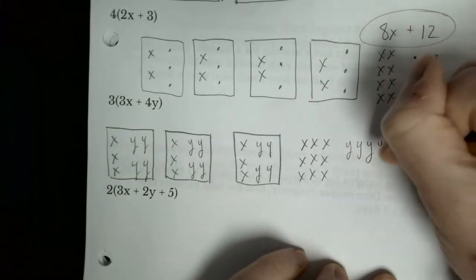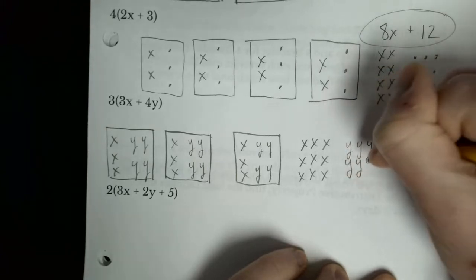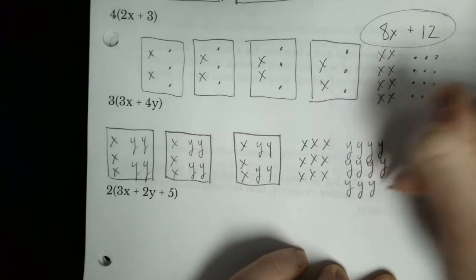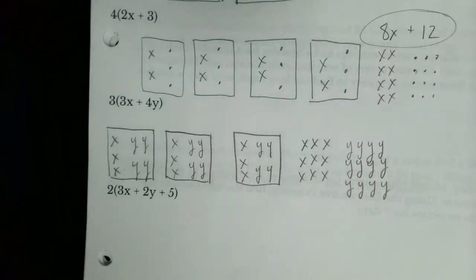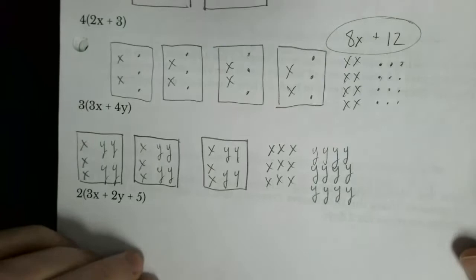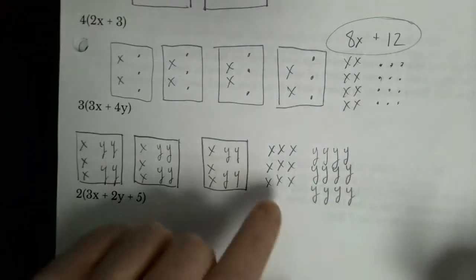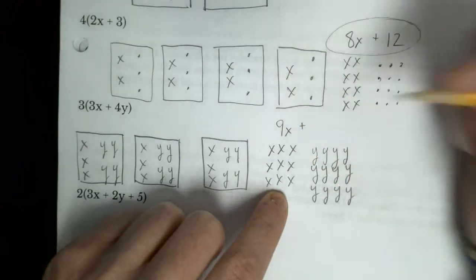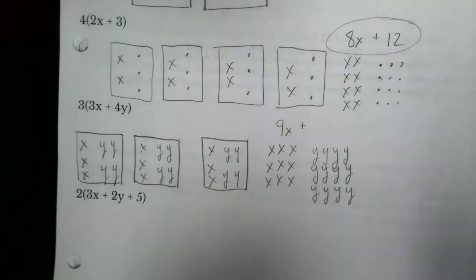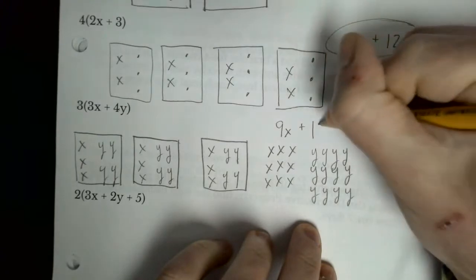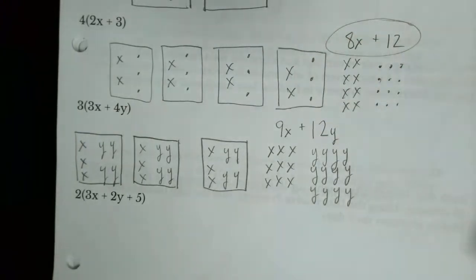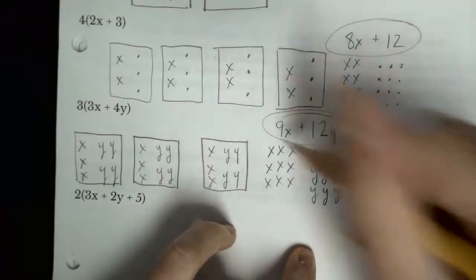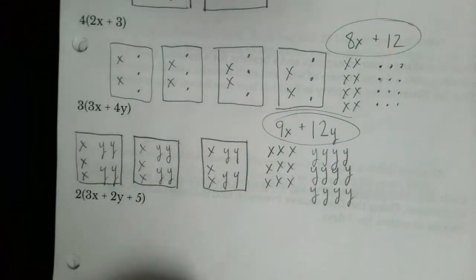So now I can write an expression without parentheses. I have 9 x's plus 12 y's. So the expression would be 9x plus 12y. That would be the simplified expression without any parentheses.